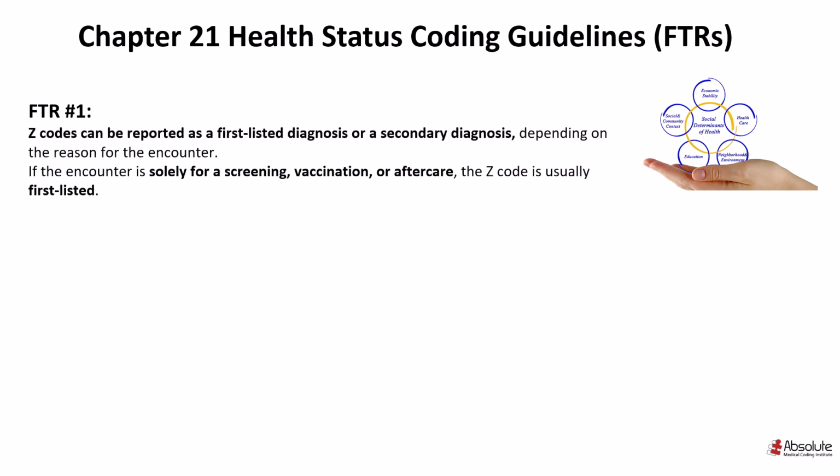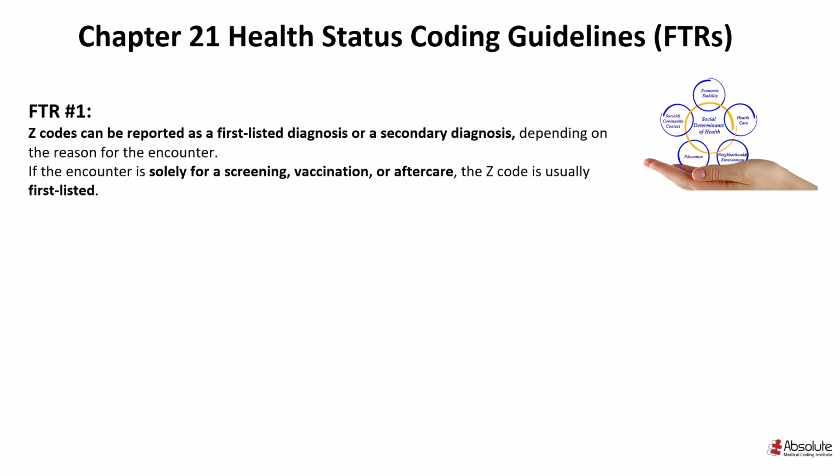FTR number one, Z codes can be reported as a first listed diagnosis or a secondary diagnosis. It depends on the reason for the encounter. Can you think of some chapter 21 codes that you've encountered that can be reported as first listed? Go ahead and list them in the chat. I can think of one right now.